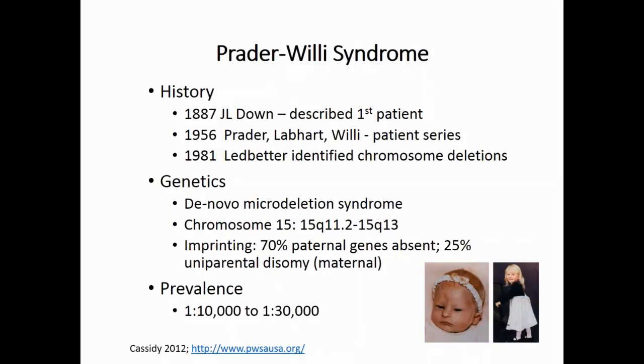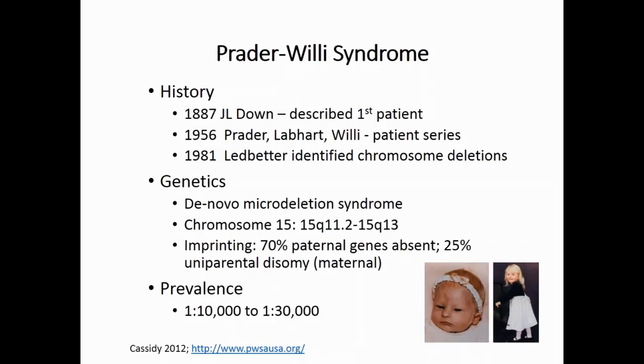Under normal conditions, the maternally derived copy of chromosome 15 is inactivated or methylated in the region critical for Prader-Willi syndrome, and the unmethylated paternally derived region is expressed. 70% of the time, Prader-Willi syndrome occurs when there is a lack of expression or an absence of the paternally inherited gene.